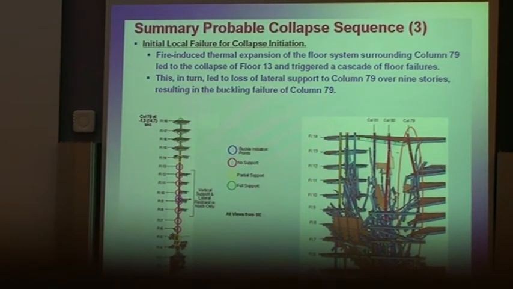And you can see here in this picture, this is column 79, and these floors had no lateral support whatsoever. Some of them had partial support, meaning the connection failed in one direction but not in all directions. The question now in your mind is, what initiated that floor collapse.